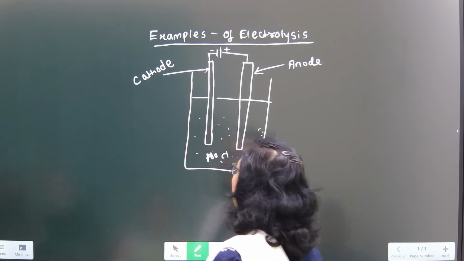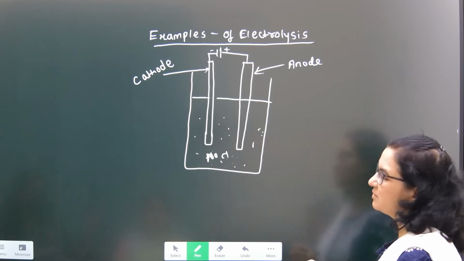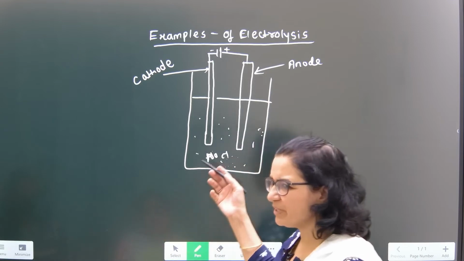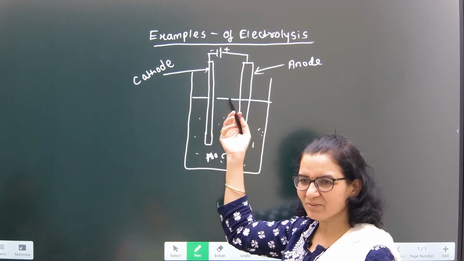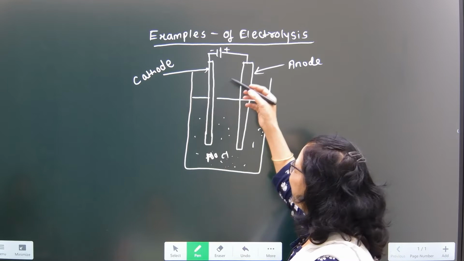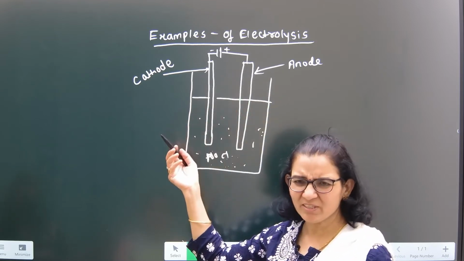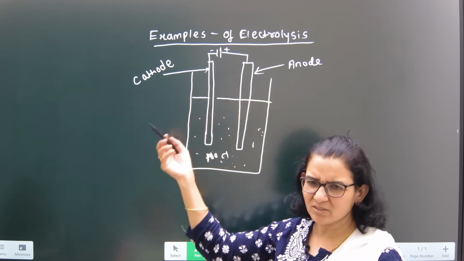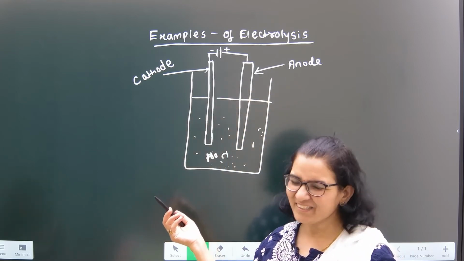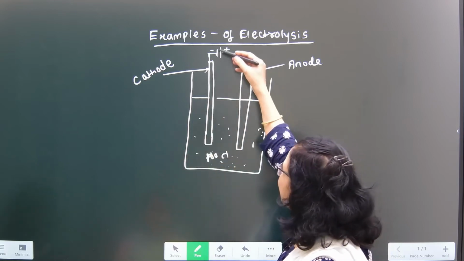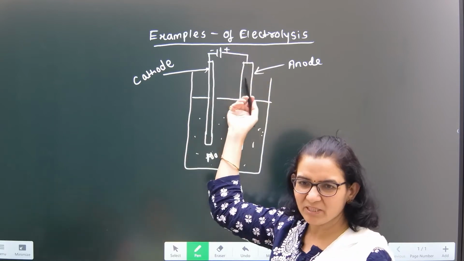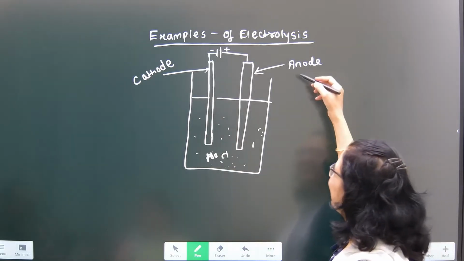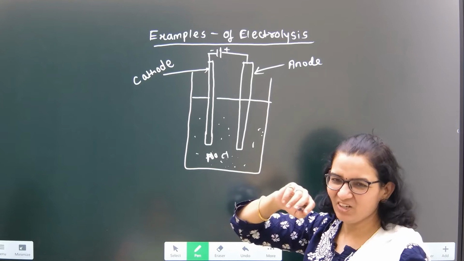So Na plus ions will get attracted towards the... doesn't matter, battery है कैसे भी लगा दो. No change, you just have to show this is cathode and this is anode. It doesn't matter. You can show it, ये लंबा कर दो, ये छोटा कर दो, तो वो कैथोड हो गया, ये एनोड हो गया. It doesn't matter.